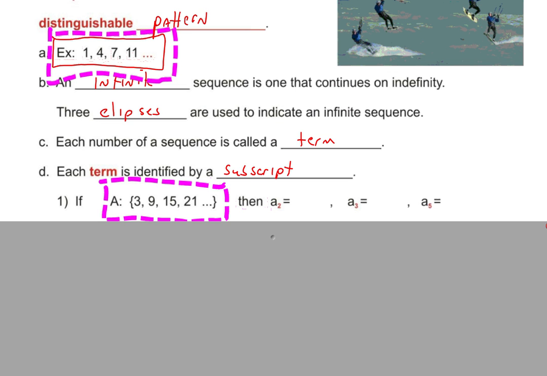It's always good to name a sequence if you're going to deal with more than one, because then we could say, all right, we're talking about sequence A. Your homework might do that. It might, in the beginning, before it gives you problems, say sequence A is this, sequence B is this, sequence C is this. So then you know which one it's talking about, okay? So the capital A is just an identifier of the sequence.